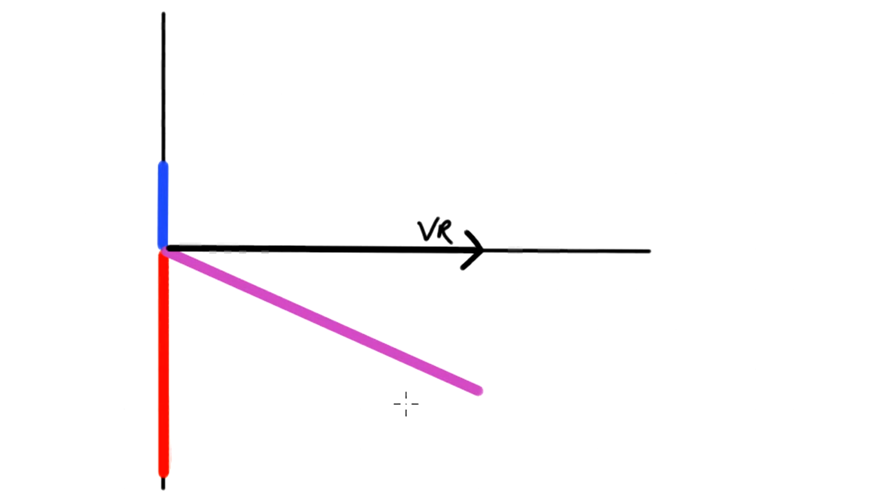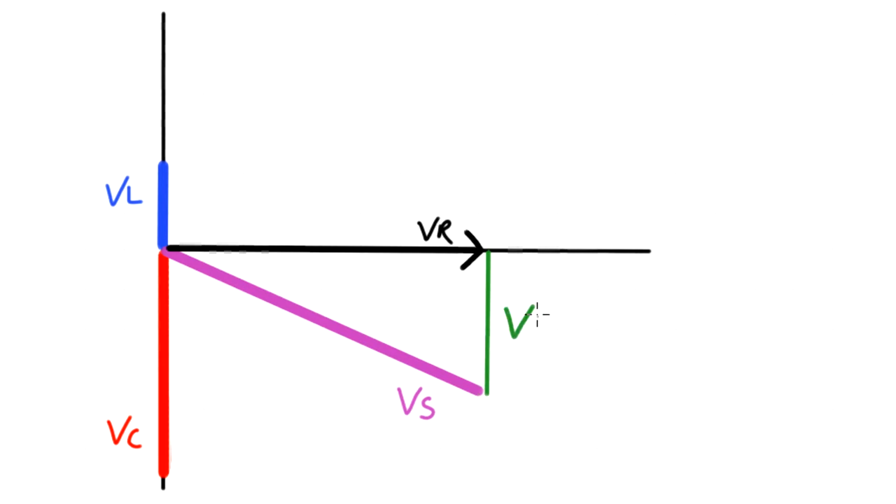In red is the capacitor voltage, because in this particular example the capacitive reactance is greater than the inductive reactance. We have the supply voltage in purple and the resistor voltage in black. So the phase angle is in between the resistor voltage in this case and the supply voltage.